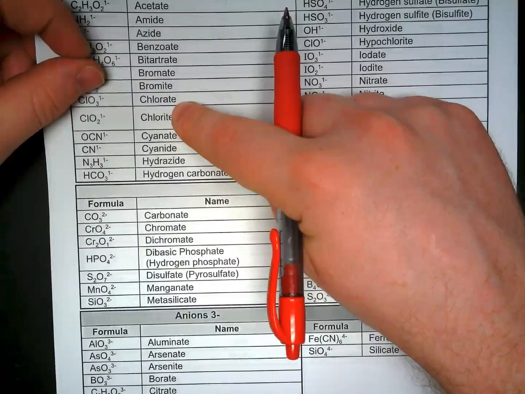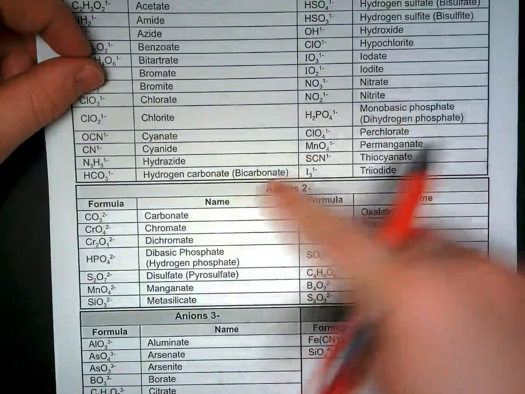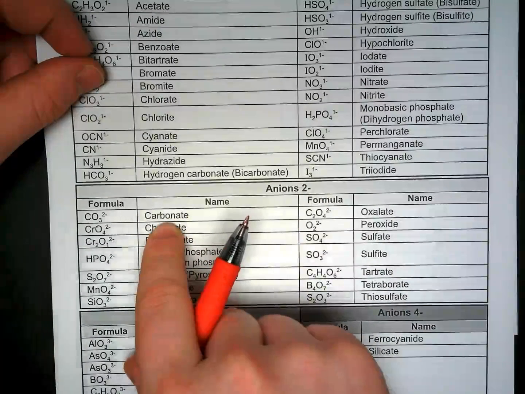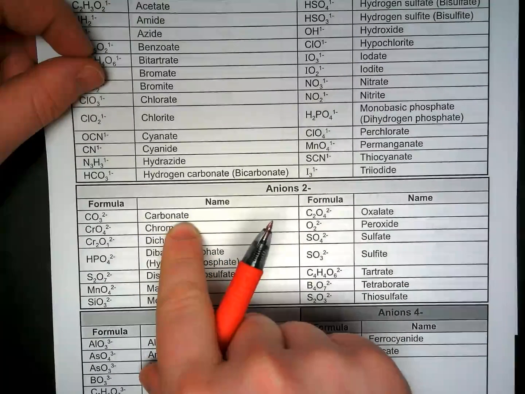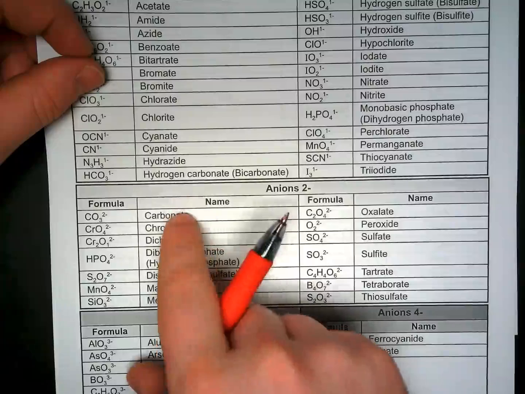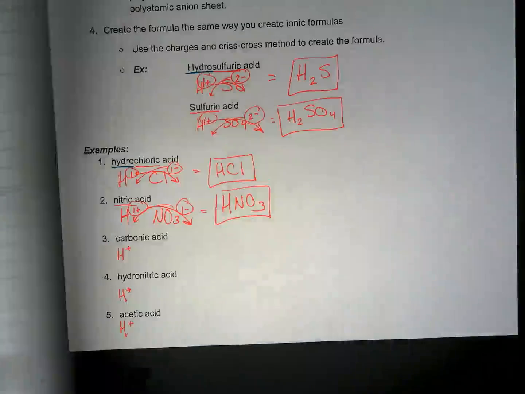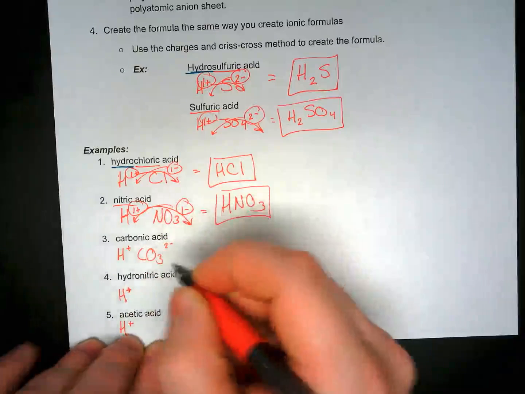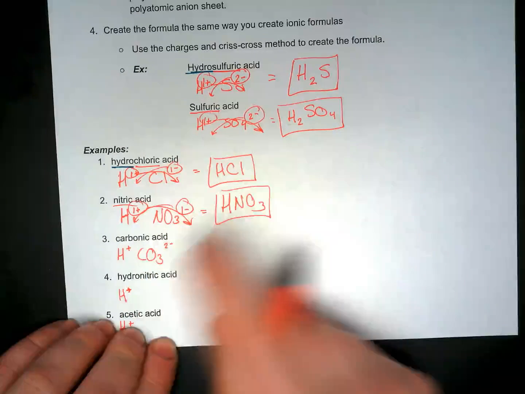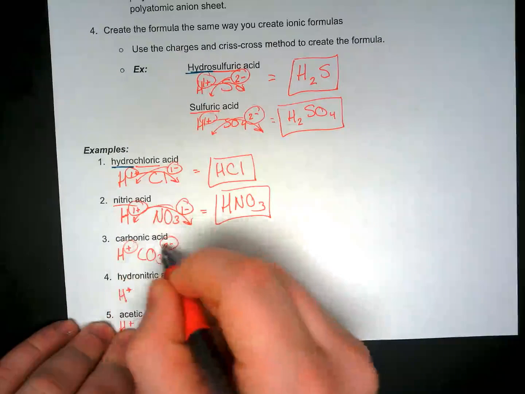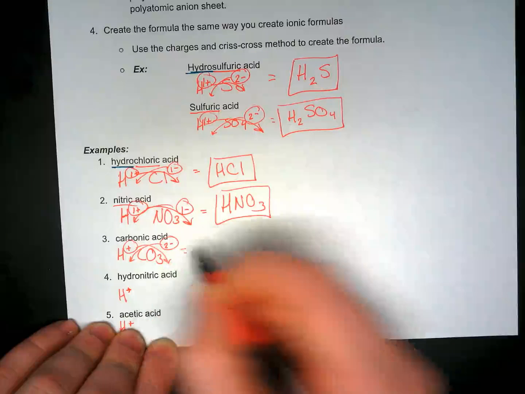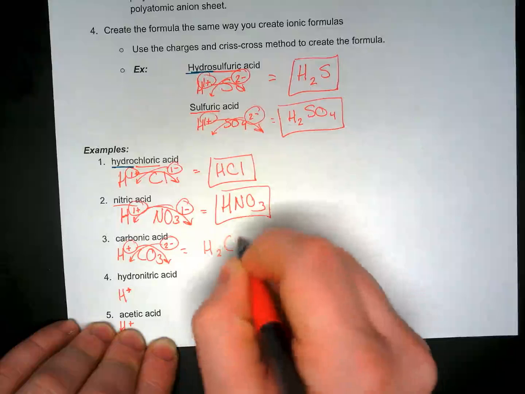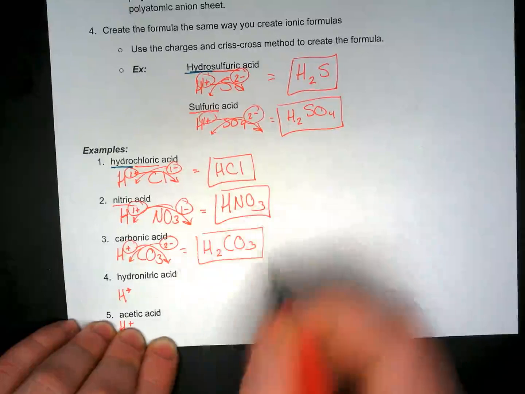Okay, it kind of sounds like carbonate. And not only that, carbonate does have the ATE ending to it, so I'm pretty sure that's what it's going to be. And that is going to be CO3 2 negative. And sure enough, this is the answer here. I'm going to crisscross, and what I'm left with here is H2CO3. And I have my answer.